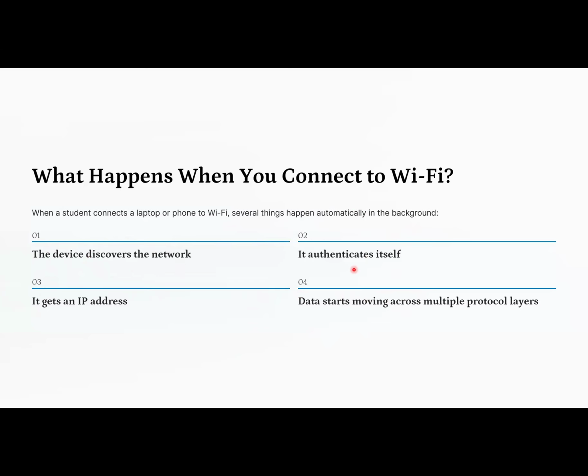Once it does that, it authenticates itself on that network. If the authentication is correct, then an IP is given to the device. And finally, we are able to send data across different protocols from the sender to the recipient. These are the 4 key operations or steps that we go through anytime we connect to our wireless.